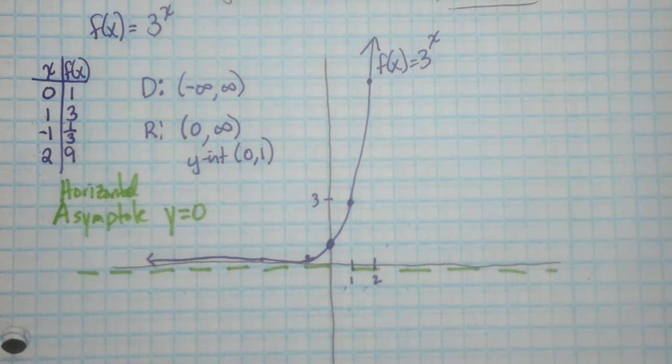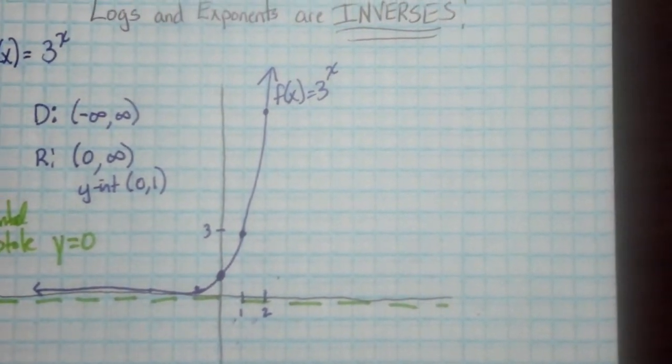Alright, so now we're going to remember that when we have inverse functions, what happens to the input and output values in the table for the inverse? They're switched, right? So, my inverse function, I'm going to use a red pen for that one. And I'm just going to slide over here a little bit.